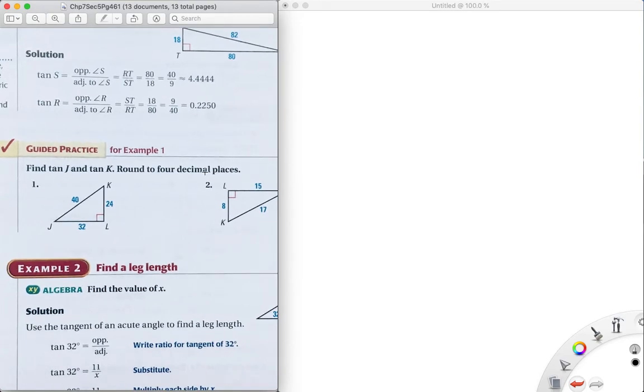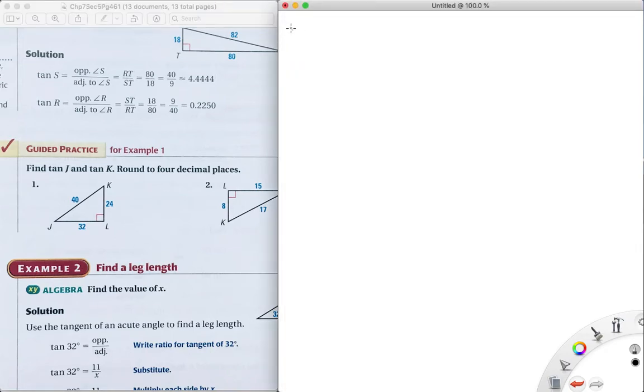here they want us to find the tangent of J and K rounded to the 4 decimal places. So if we do tangent of J, that's going to equal, again, opposite over adjacent. Opposite of J is 24. Adjacent to J, that's not the hypotenuse, is 32.